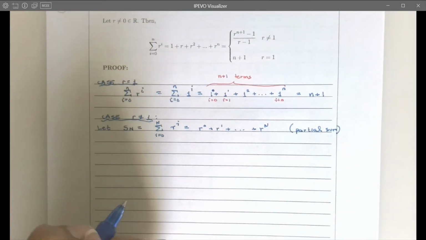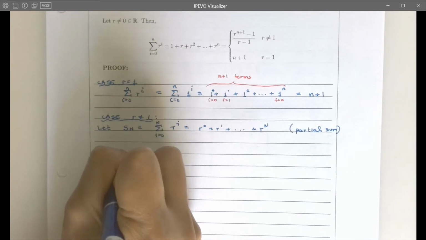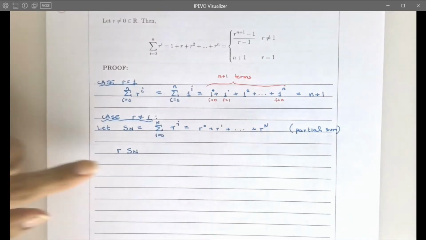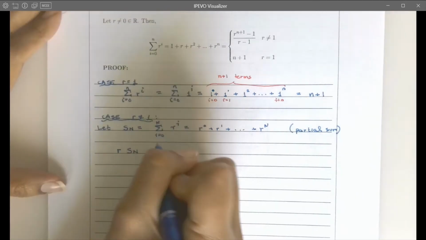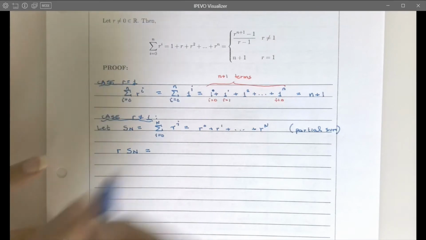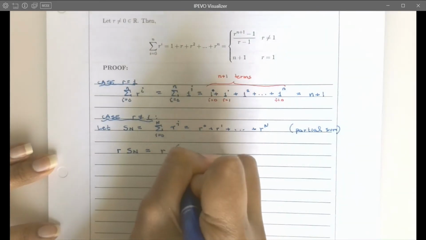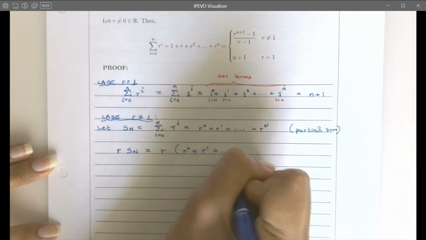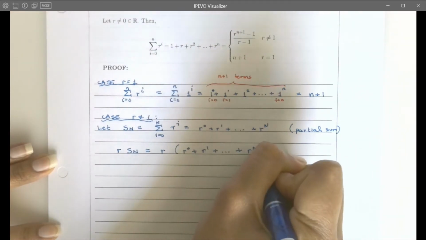And what I want you to notice from this is that if I take R and multiply it times Sn, whatever Sn might be, that means that on the right-hand side, I'm taking R and multiplying it with R to the 0 plus R to the 1 plus all the way down to R to the n.